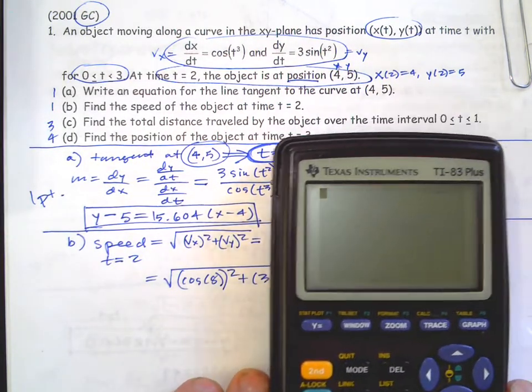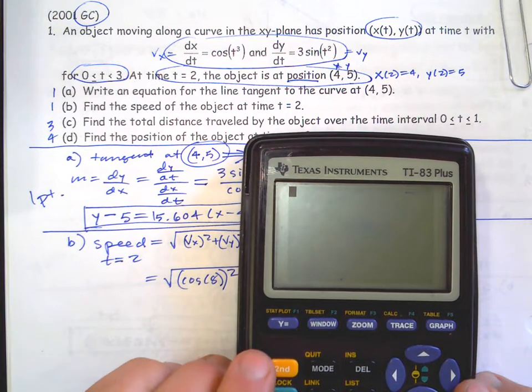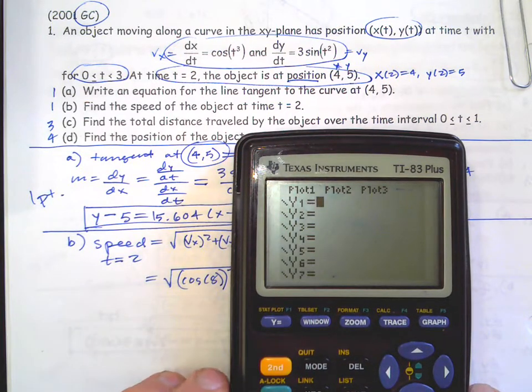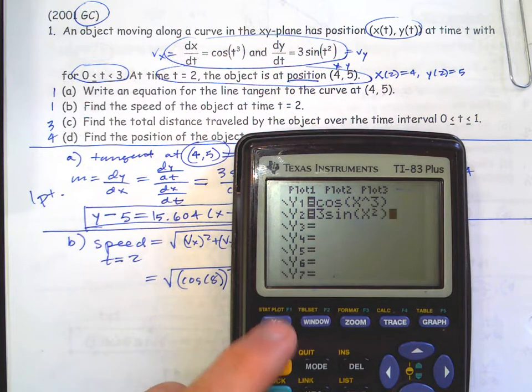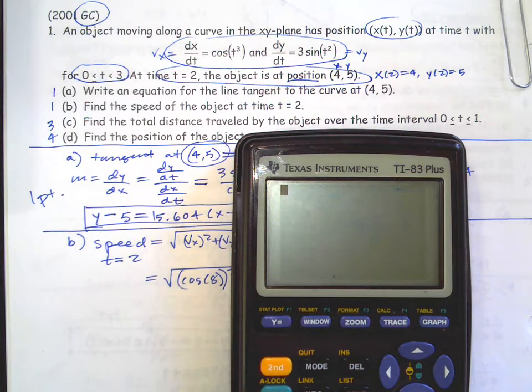Now we might be using these equations multiple times, so I'm going to go and enter in my y menu: cosine x to the third. Now I'm just in regular function mode, I'm not in parametric mode. So whenever I hit that variable button, it's giving me x's, even though there's t's, but we'll be fine. Then on the home screen, well, that's not really going to help me on this problem so much.